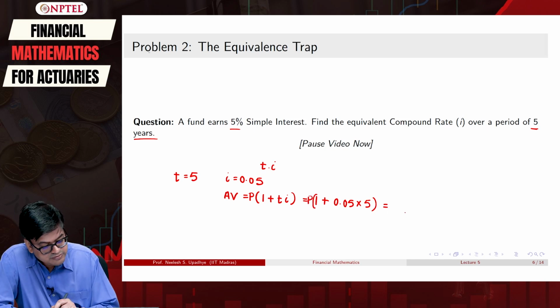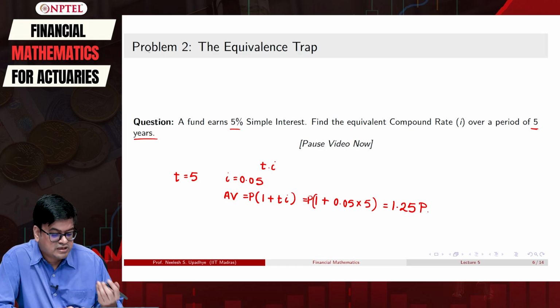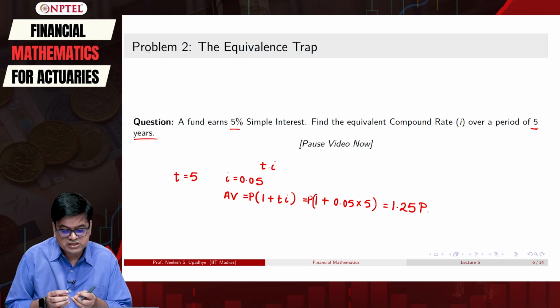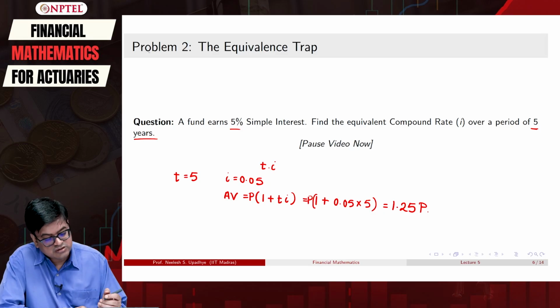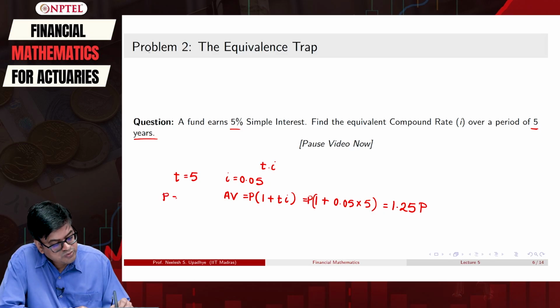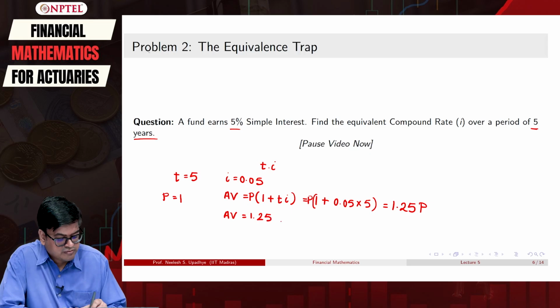So it will be 1.25 times the principal. The principal is immaterial. For considering the accumulation function, we will consider the principal to be 1 unit. So if you put P equal to 1, 1 unit will have an accumulated value of 1.25. Correct? So this is my understanding.